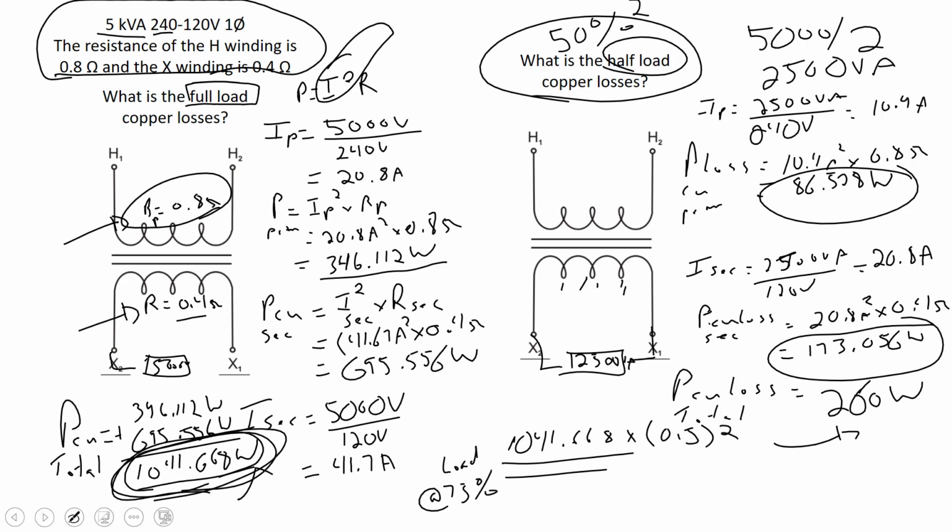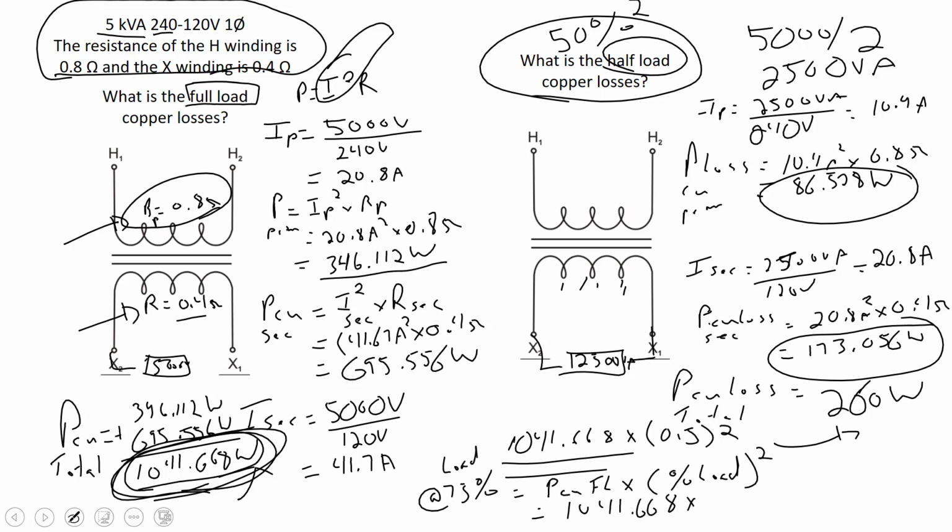I would go, okay, well, full load copper losses, so Cu full load, times my percent load that I'm at, and square it. So in this case, 1041.668.